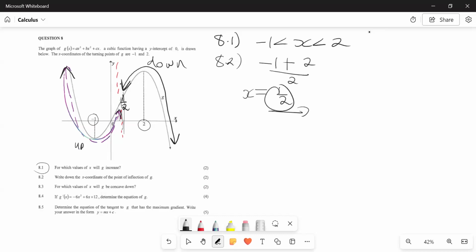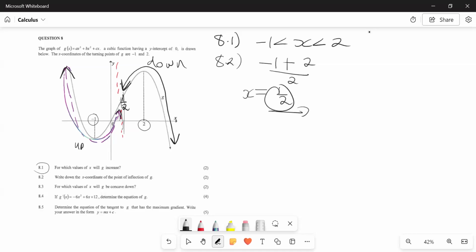Perfect. Now, 8.3: for which values of x will g be concave down? That's not a problem. We're still analyzing using our graph.